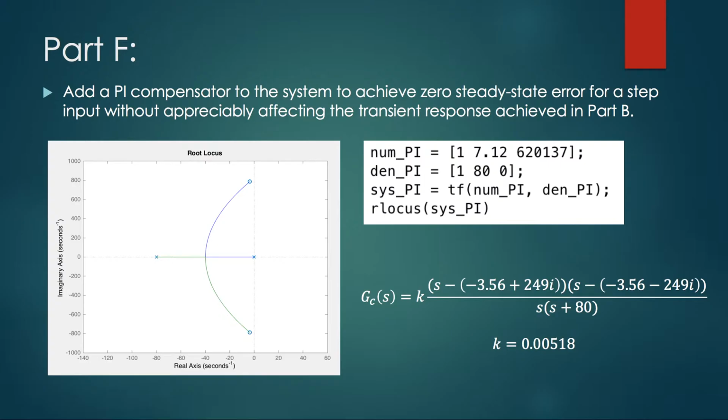Then we also have to add a pole at the origin, so you add an s to the denominator. Once again, I plotted the root locus. I don't have it in that graph, but I selected the point corresponding to the 0.7 damping ratio and ended up with a gain of 0.00518.